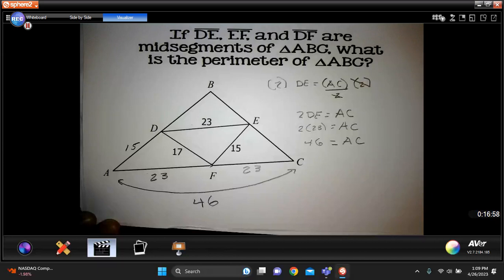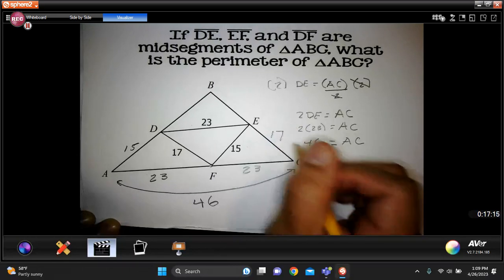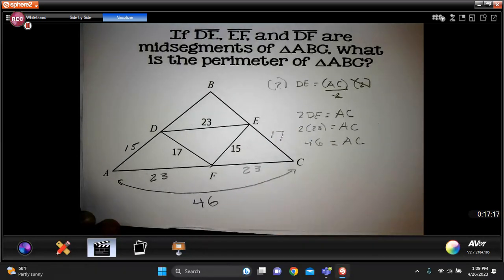In this triangle, again, I have these three values: 23, 17, 15. Now on this triangle that is congruent to this one, we have 15 and 23, so the only side I'm missing is 17. 17 right there.